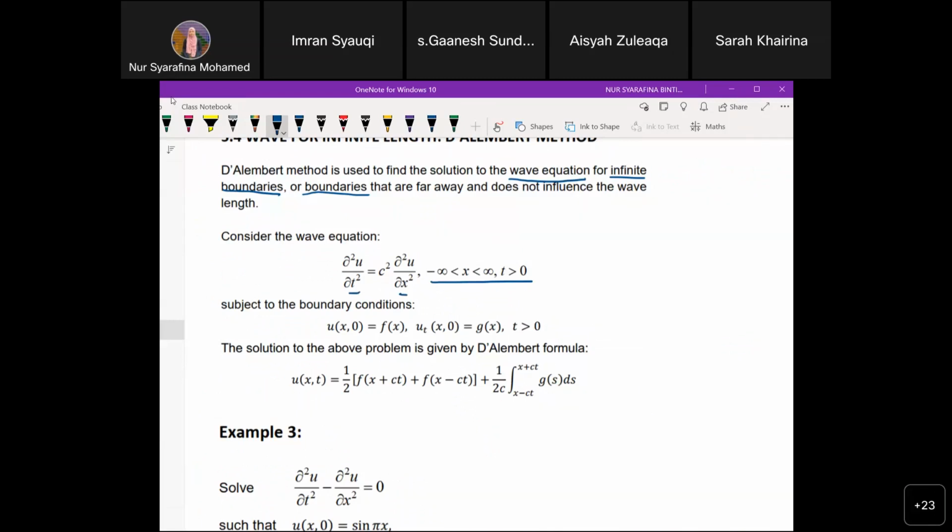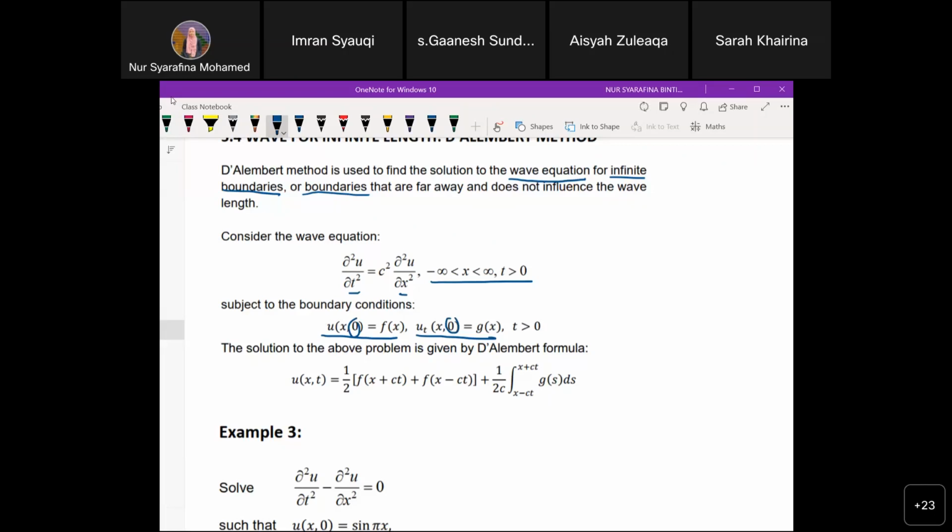Subject to the boundary conditions, u(x,0) equals f(x), and u_t(x,0) equals g(x). So you differentiate u with respect to t, and then substitute t equals 0, which gives g(x).